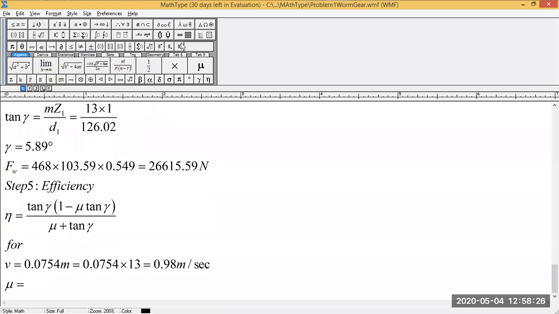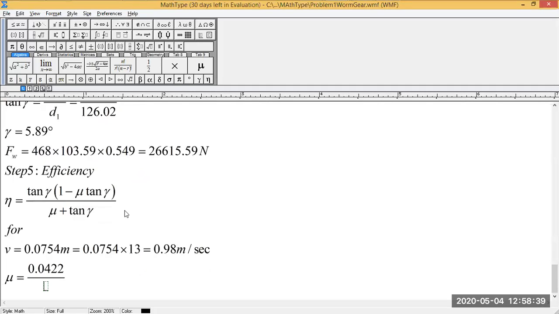Mu equals the efficiency of the worm gear, as in step 5: 0.0422 over V_R, where V_R has a subscript R, then again a power of 0.28.